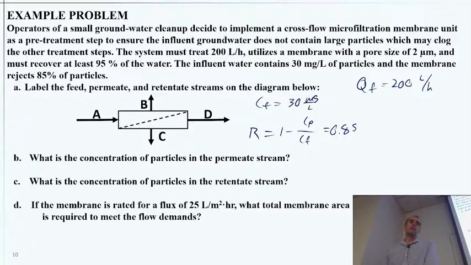So we could say we know that the concentration in the permeate can only be 15% of what's in the feed, based on that. We have to recover at least 95% of the water. So if our water recovery is the Q in the permeate divided by the Q in the feed, that has to be 0.95 or better.